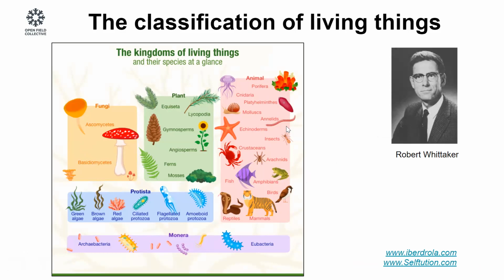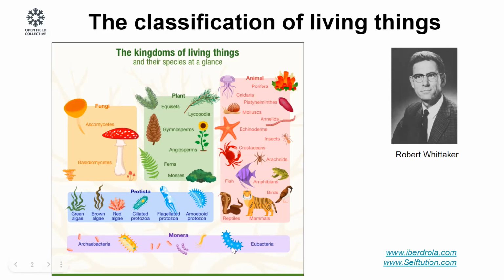The other one was the large plant class, of course, which we see around, all the plants, the ferns, the angiosperms. And the third class, which he gave, which became a very important one, was also the fungi. So all the mushrooms we eat and some other kinds of fungi were in that group.